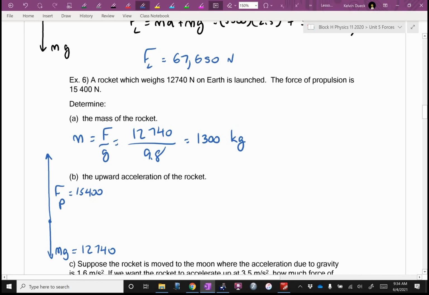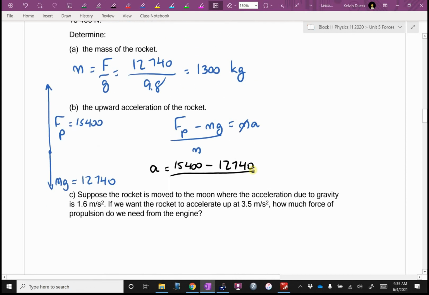Okay, talk to me. Now what? How can I use that to find the acceleration? What equation can I write, Aiden? Oh, but I need to get the a by itself. So the acceleration is going to be 15,400 minus 12,740, all divided by, what was the mass? 1,300?